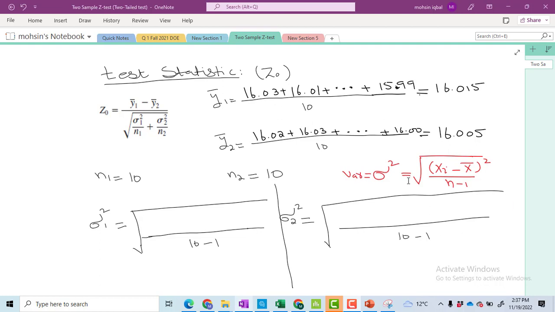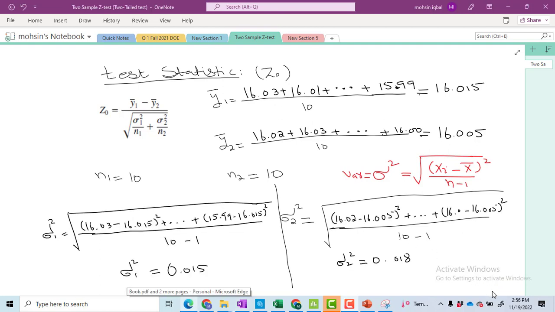Now we will calculate the variance. The formula for the variance uses xi minus x bar, where xi is the individual value. So we subtract each value from the mean, like 16.03 minus 16.015 and 16.01 minus 16.015, likewise till the last value, 15.99 minus 16.015. Then we take the square of all these 10 values, divided by 10 minus 1, because 10 is the sample size.